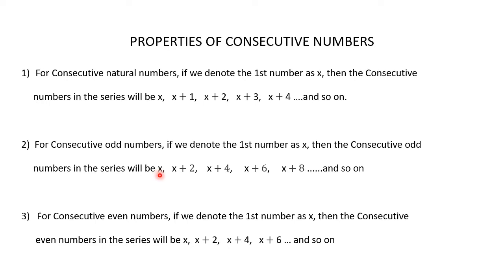If the first number is an odd number, then this series will be a consecutive odd number series. If the first number is an even number, then this series will be a series of consecutive even numbers. Viewers, understand these three properties correctly, because this will help you in solving problems on consecutive numbers.